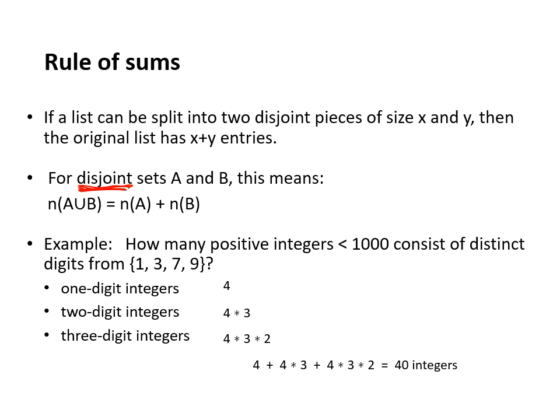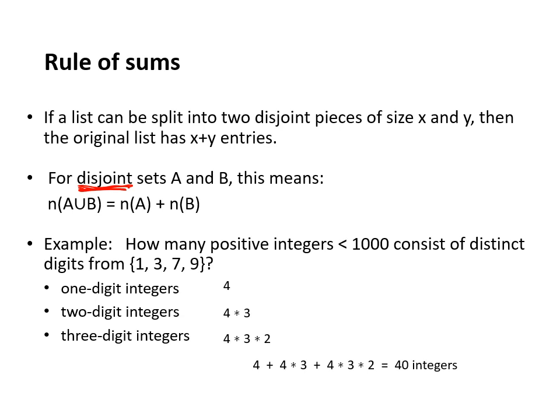We can simply enumerate them. There are just 4 of them, 1, 3, 7, 9. 2-digit integers, we can compute using the rule of products that we introduced in the previous slide. There is going to be 4 times 3, which is 12. 3-digit integers, there's going to be 4 times 3 times 2.